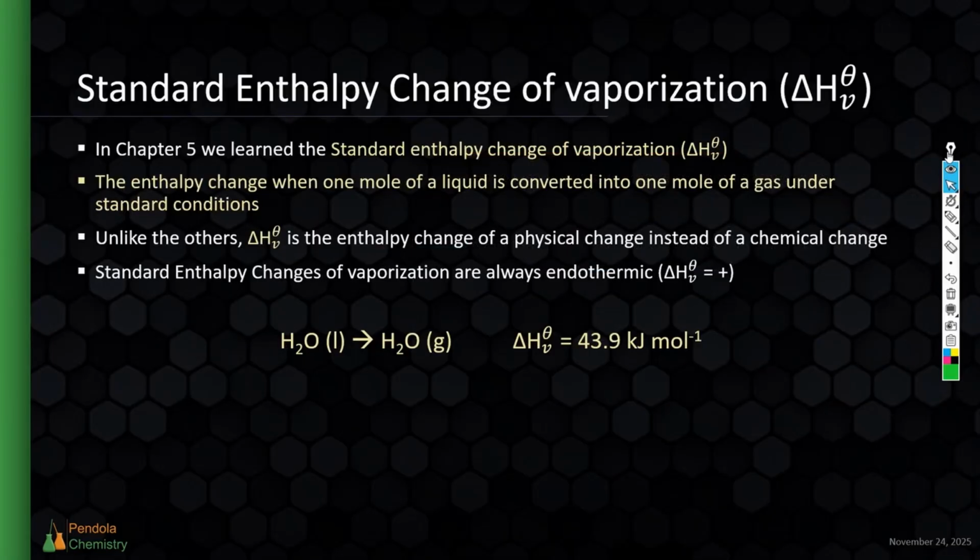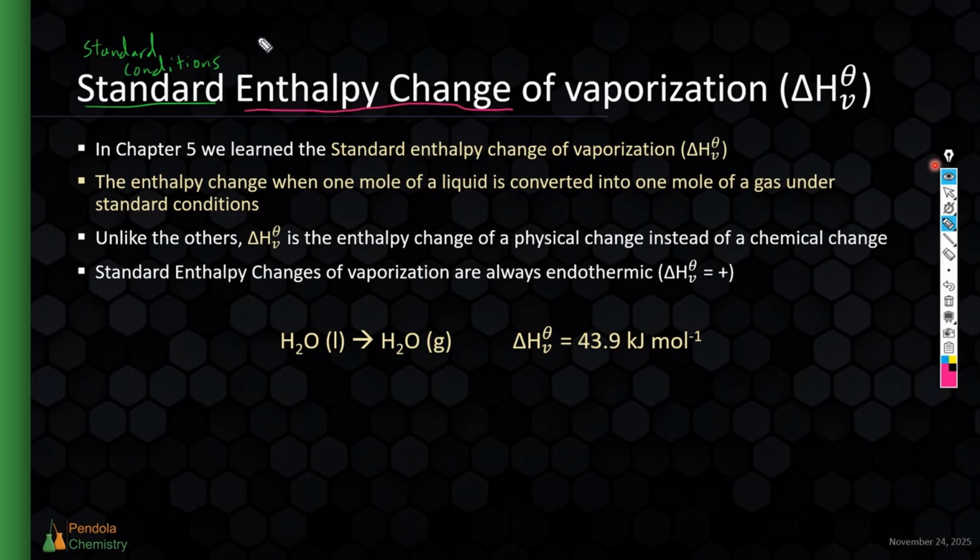So let's start with enthalpy change of vaporization. And again, if we break down the title, this is very straightforward, right? Standard means standard conditions. We talked about this earlier. Standard means standard conditions. Enthalpy change means heat energy change.